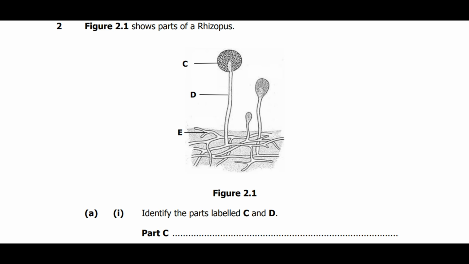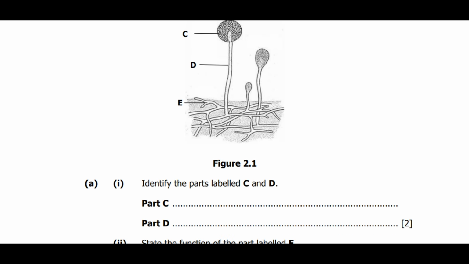Apart from knowing the kingdom where the rhizopus is found, we also have to look at the structures. From question 1a, identify the parts labeled C and D. Our C is the sporangium. Then our D, we can see it's a structure that is holding the sporangium.